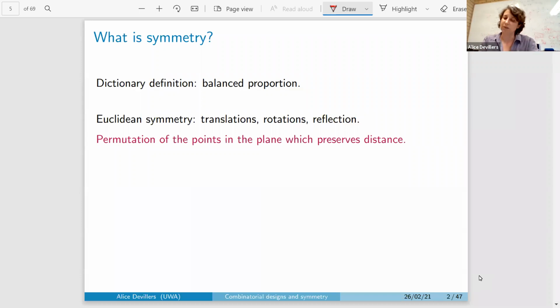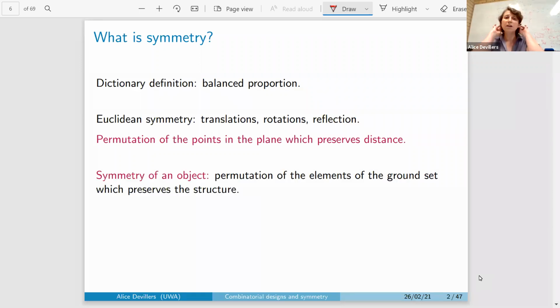So now I want to generalize this concept to not just the Euclidean plane, but some other things. In a very general setting, if I have an object, here I'm not thinking of an object in Euclidean space or anything, I'll give examples in the next few slides what I mean. An object could be a graph, a vector space, the Euclidean plane, or anything, or in my case, it will be designs.